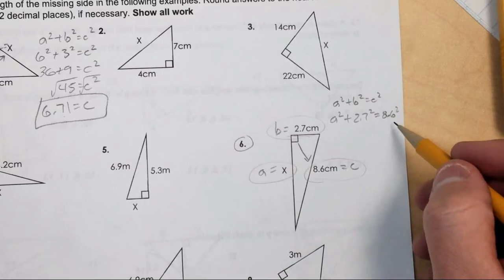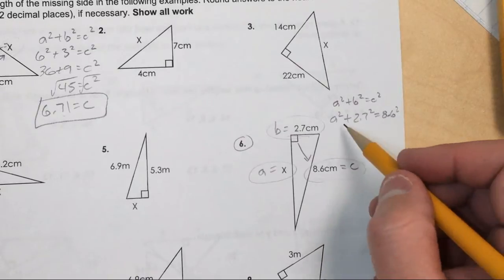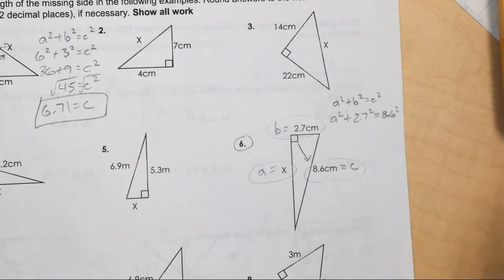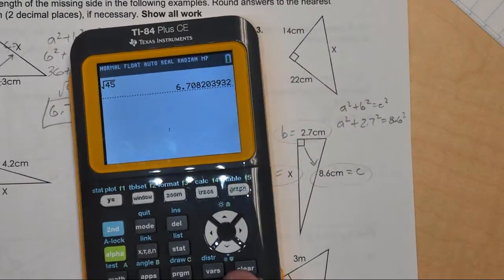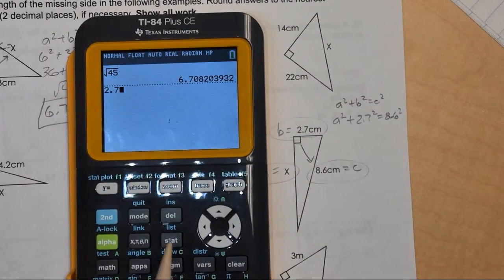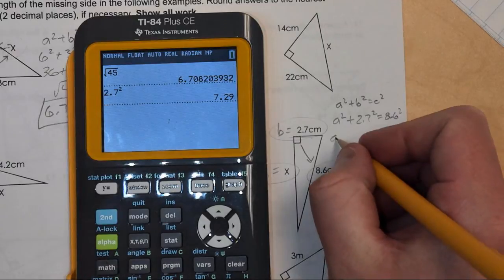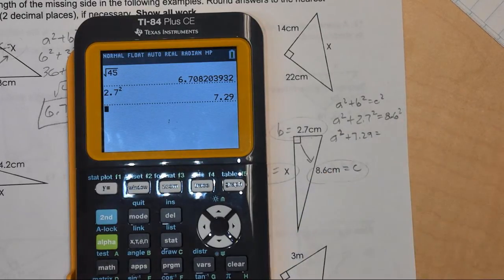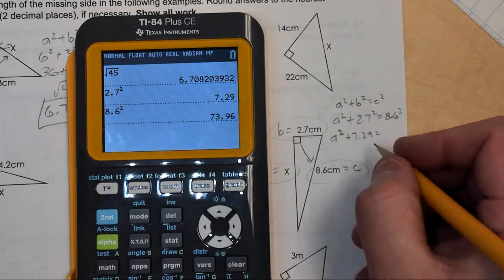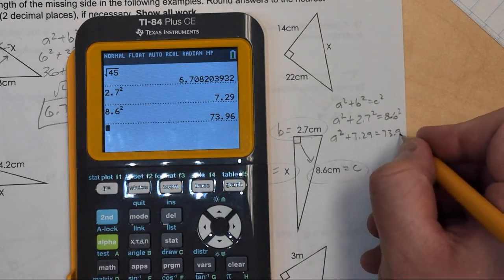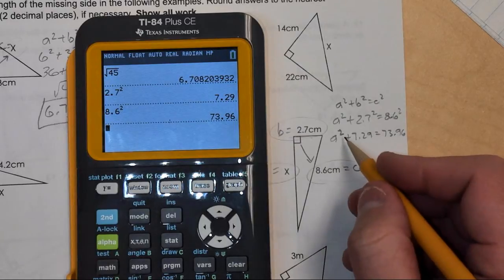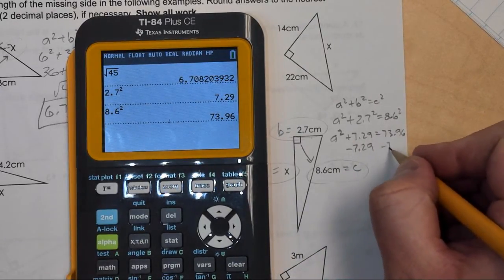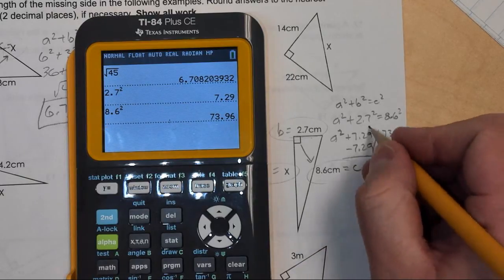Notice I'm given C here, so I'm not going to add these two and square root it to get my answer. There's going to be some kind of subtraction happening here. If I take my calculator and do 2.7 squared, I have A squared plus 7.29 equals 8.6 squared, which is 73.96. To get A squared by itself, I need to subtract 7.29 on both sides.